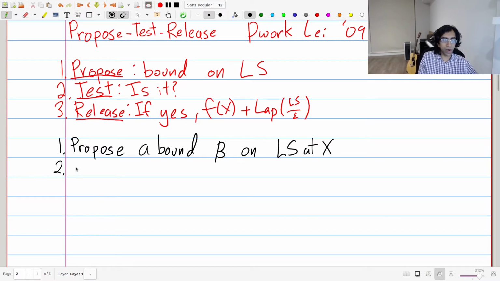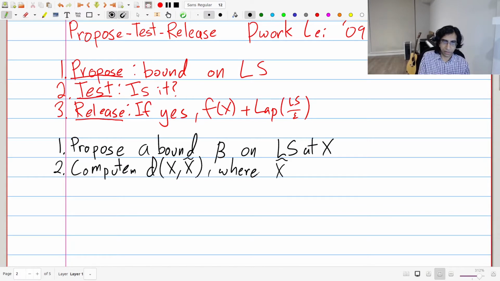We're going to try to find the distance to the nearest data set where the local sensitivity is greater than this. So compute the distance between x and x prime, or let's just say x tilde, just to use a different symbol from before, where x tilde is the closest data set.